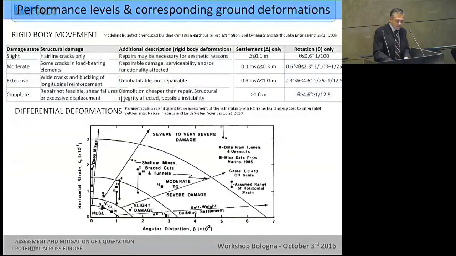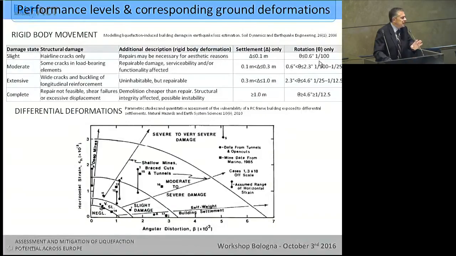It's really good to look at the rigid body movement paper, modeling liquefaction building damage in earthquake estimation from 2006, which was already shown by Giuseppe Modoni this morning. We can see here the damage state, the structural damage, etc. It's already well defined, but it's only the rigid body.